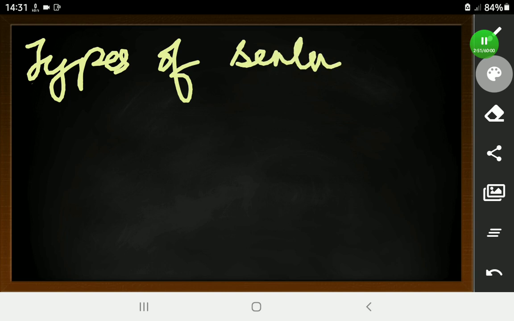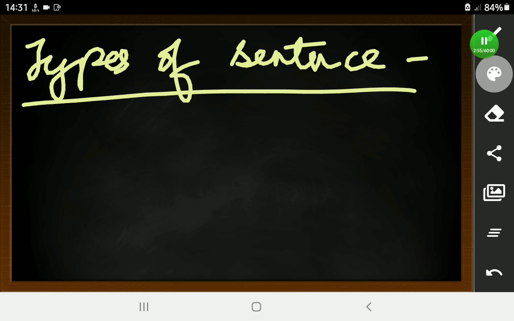So kinds of sentence or types of sentence. Sentences are of four types.